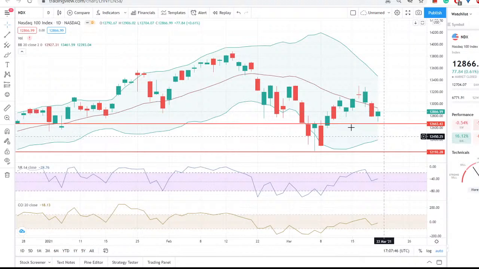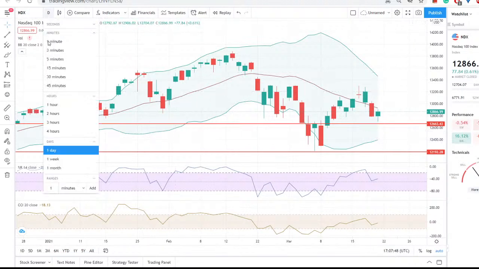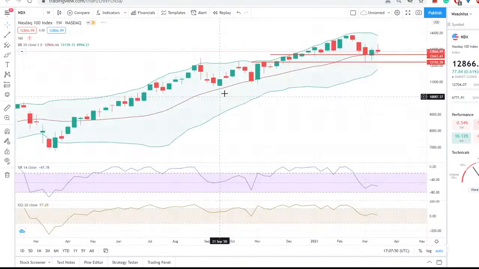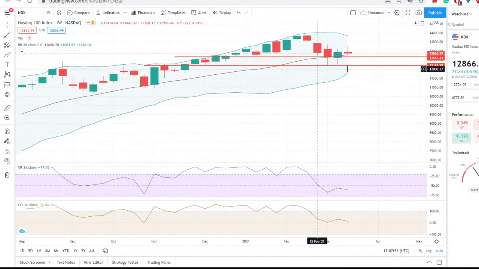If we go to the weekly trend, it was on a downward move, a week before this it held on the mid Bollinger Band, and then the last week was green.